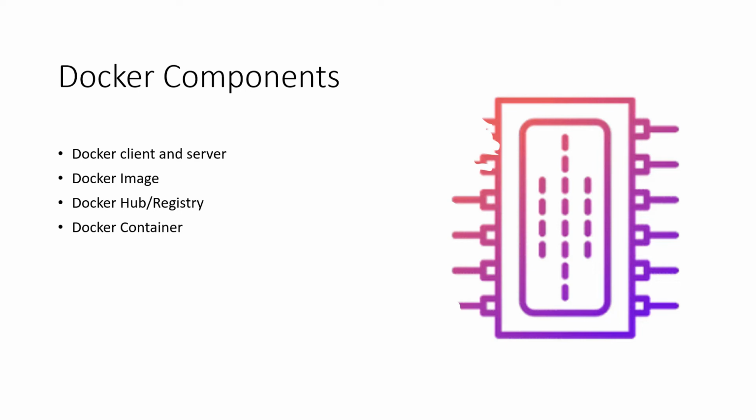What is a Docker container? A Docker container is the basic building block, as I mentioned, which is a bundle of all the dependencies along with the code. That container is created from the image. Whatever Docker image we build, we instantiate that image to create containers, and those containers are used to run our code in different environments.